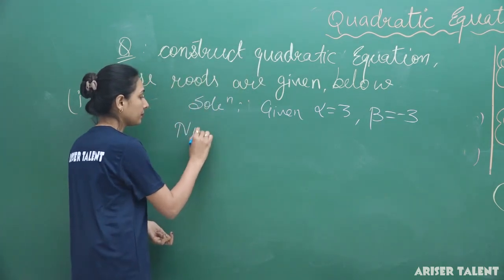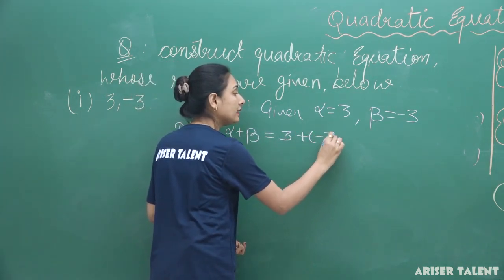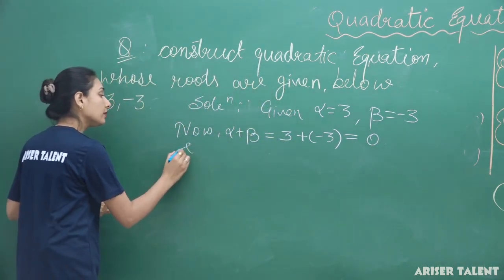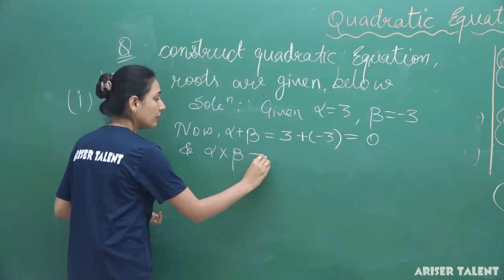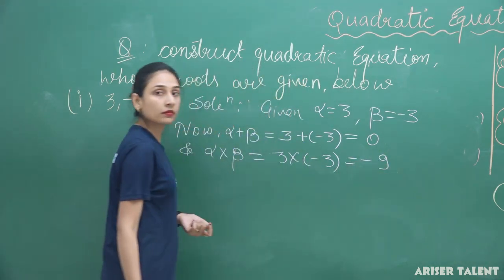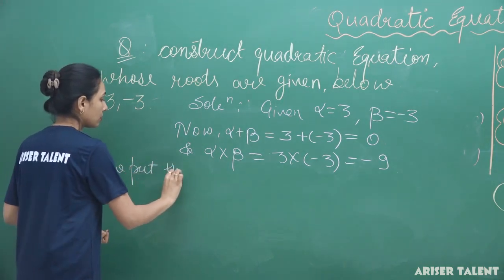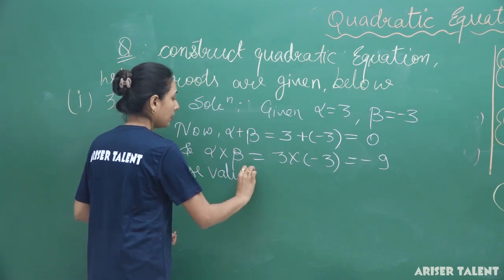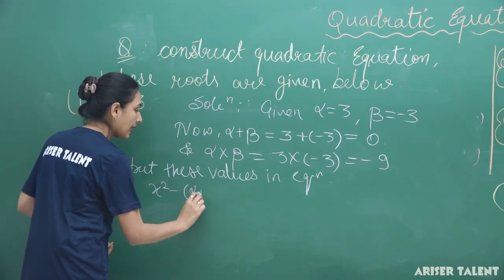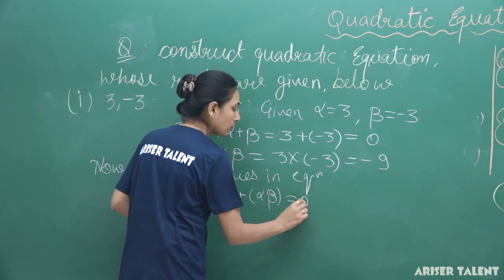Now alpha plus beta equals 3 plus minus 3. What will it be? 0 simply. And step 2, the product of the roots will be simply 3 multiplied by minus 3, and that will be minus 9. Now put these values in the equation x square minus (alpha plus beta) x plus alpha multiplied by beta equals 0.